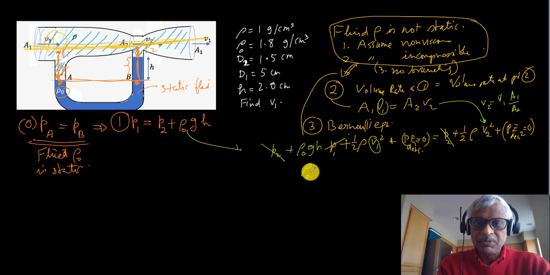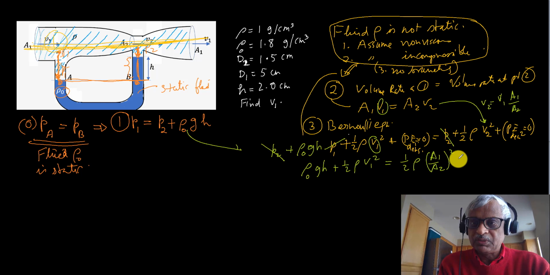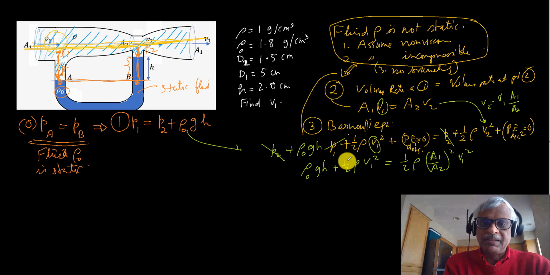So let's see what we have. We have rho 0 gh plus half rho V1 square equals half rho (A1 over A2) square V1 square. So we can combine this.